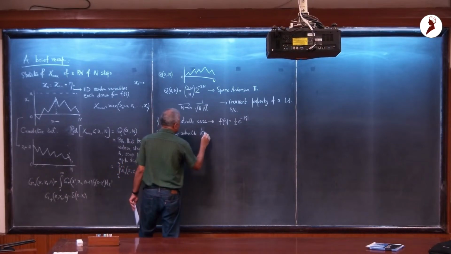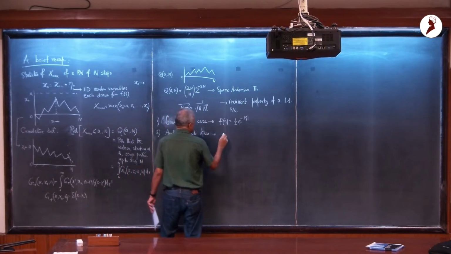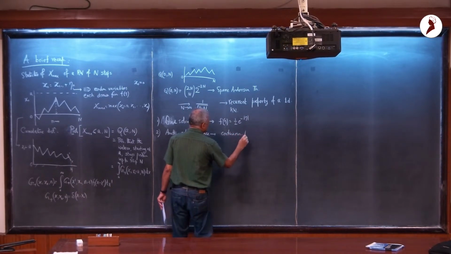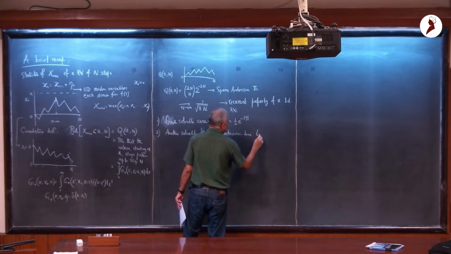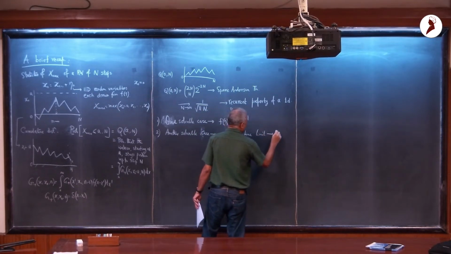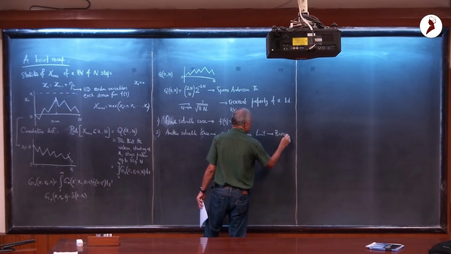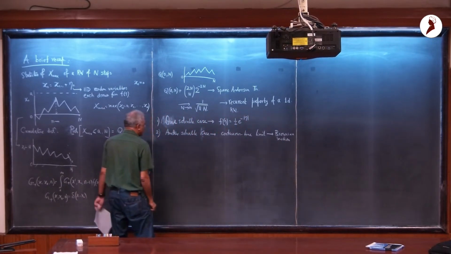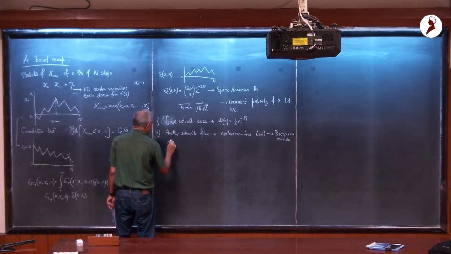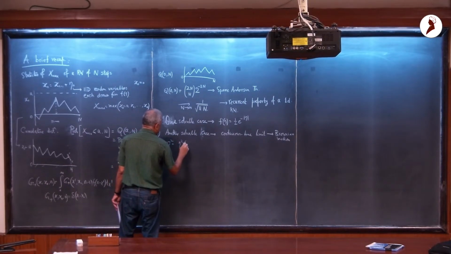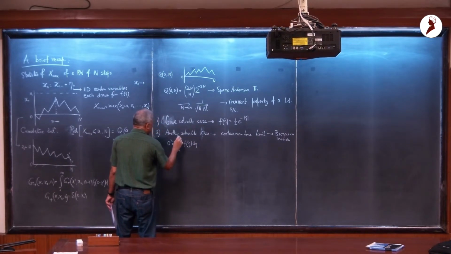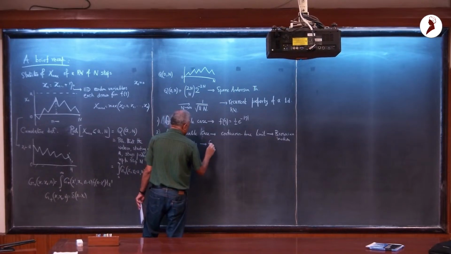Solvable case. This is the continuous time limit, or Brownian motion. As I explained to you, such a continuous time limit exists provided this sigma square, the variance of the jump, for this symmetric distribution, so this second moment itself is the variance, is finite.